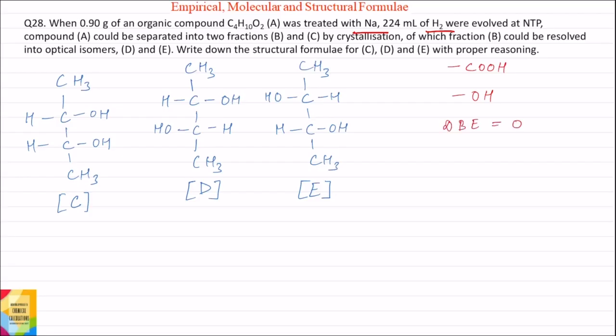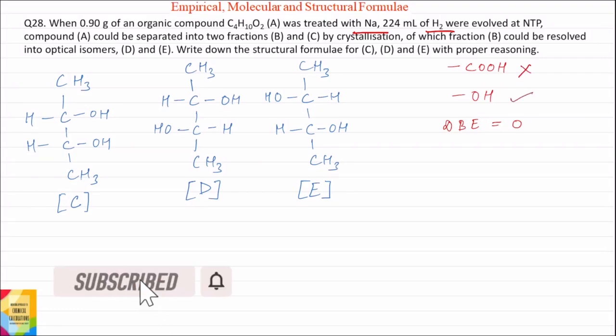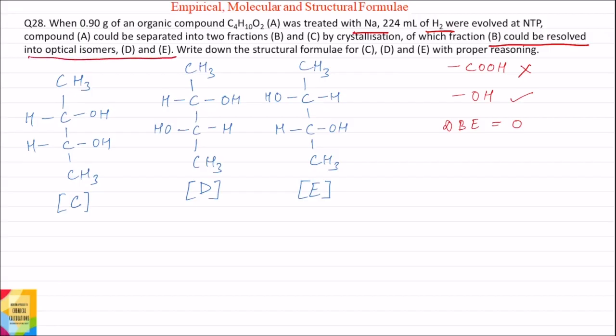Therefore, it does not contain COOH group. It contains OH group. Now A is separated into two fractions B and C by crystallization, and B could be resolved into optical isomers D and E. Therefore, the structure of D and E is as given here, and the structure of C will be this.